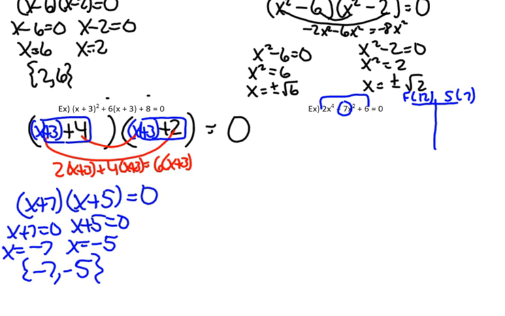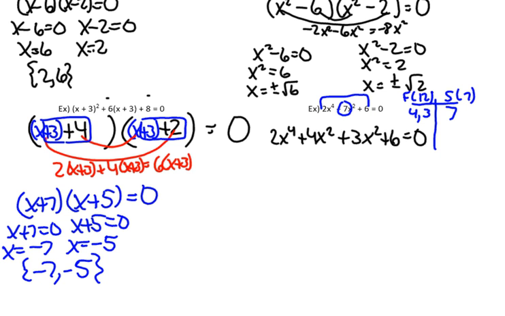That's 4 and 3. 4 times 3 is 12, and 4 plus 3 is 7. So now I'm going to rewrite this as 2x to the fourth plus 4x squared plus 3x squared plus 6 equal to 0.